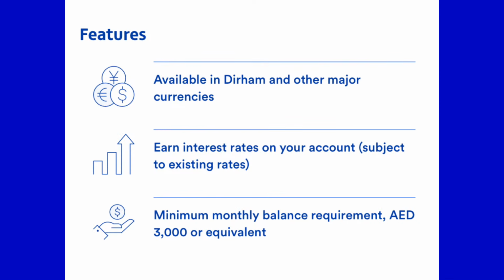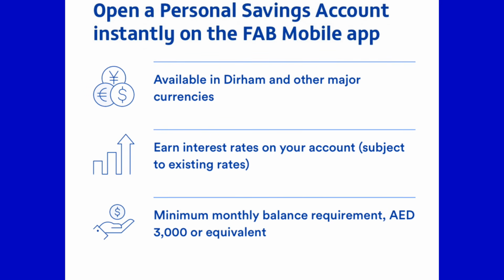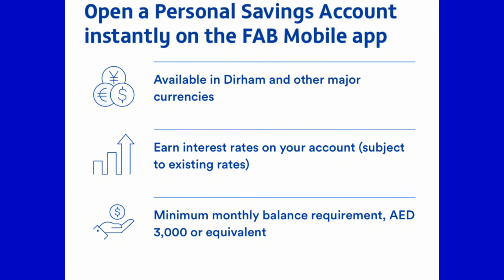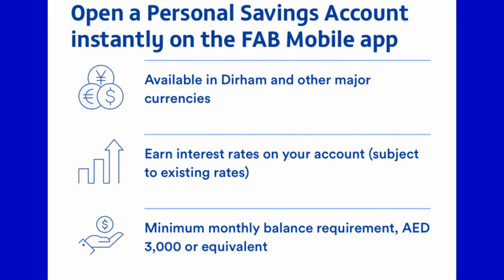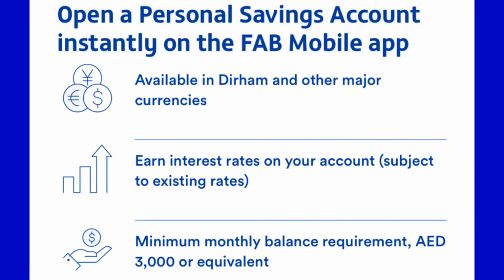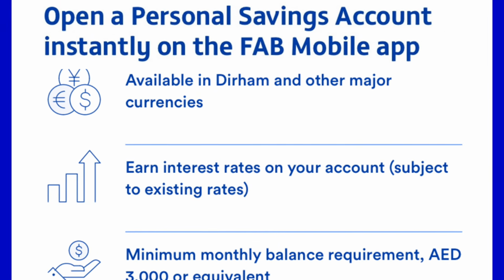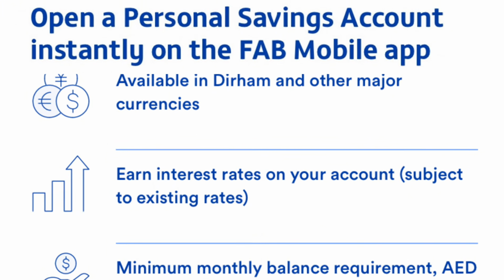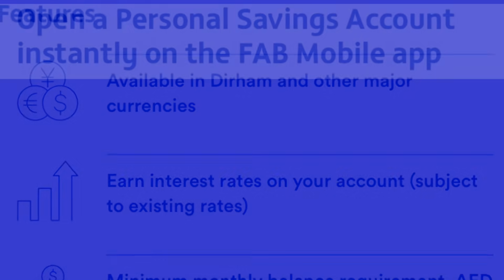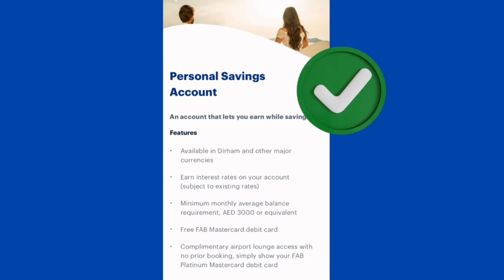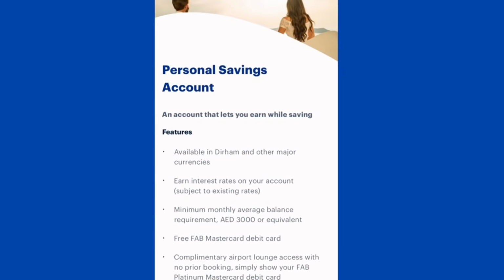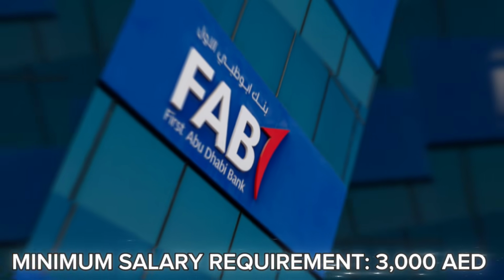The FAB personal savings account has a minimum balance of 3,000 dirhams and a fee of 25 dirhams per month in case you fail to maintain this minimum balance. The only way to avoid this minimum balance fee is to transfer your salary of 5,000 or more to the FAB personal savings account, and the minimum salary requirement for opening this account is 3,000.